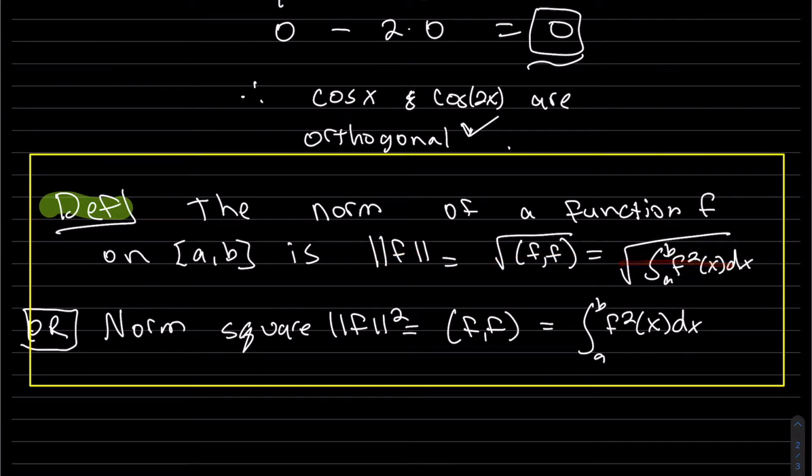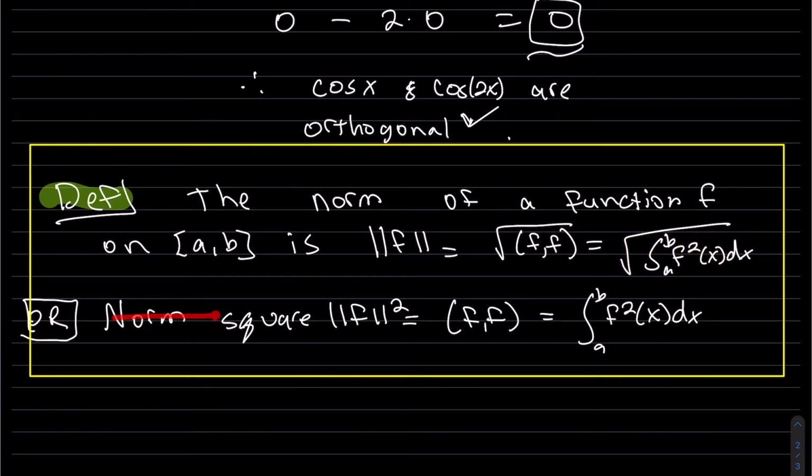It's kind of messy to write the square root of an integral, so what we like to do is use the norm squared: the norm of f squared is the inner product, which is the integral of the function squared. It just makes things easier. And if you're looking for the norm, then you take the square root of that.